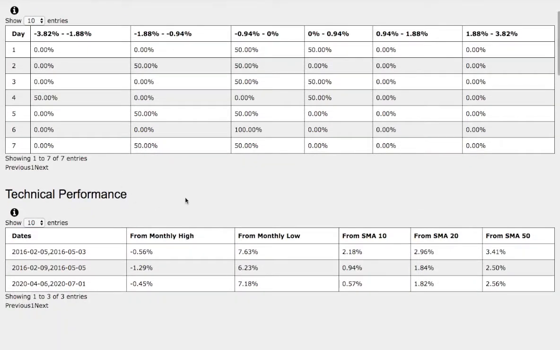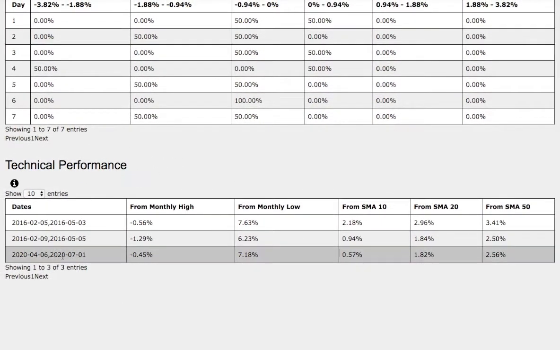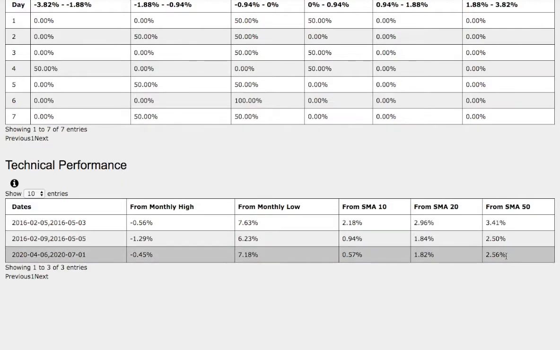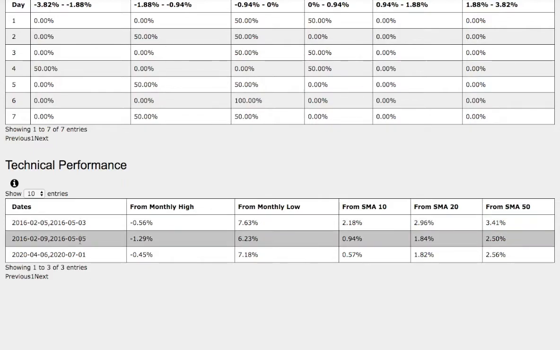And let's examine closer the technical performance of each trend. So on the current trend that we're in, we're only down 45 basis points from monthly high, up 7% from monthly low, up 57 basis points from 10 simple moving average, up 1.8% from 20-day simple moving average, and up 2.5% from 50-day simple moving average. So now let's compare that to the trend in question.